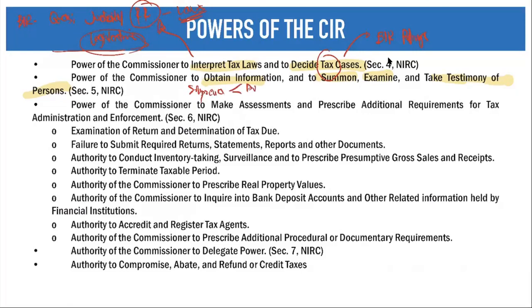We have your subpoena duces tecum and subpoena ad testificandum. Okay? So the commissioner can obtain information, and in obtaining information, they can summon, examine, or take testimony of persons. So when we say duces tecum, what happens here is that they subpoena documents.